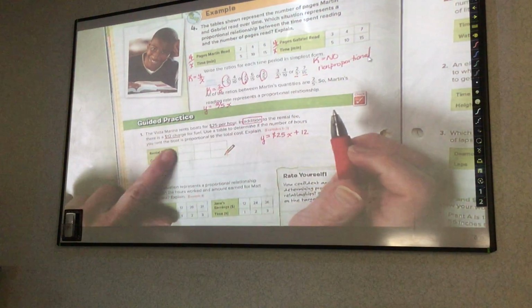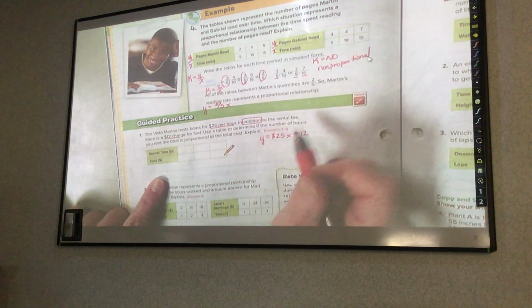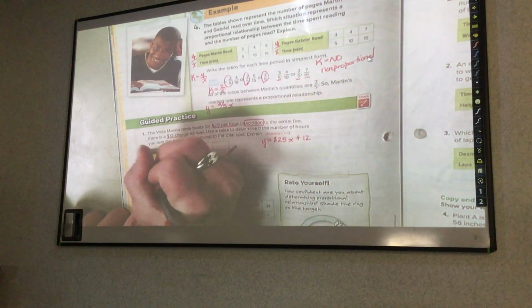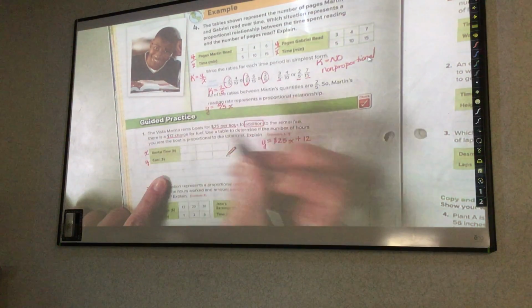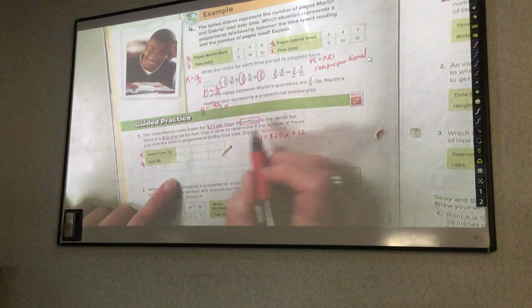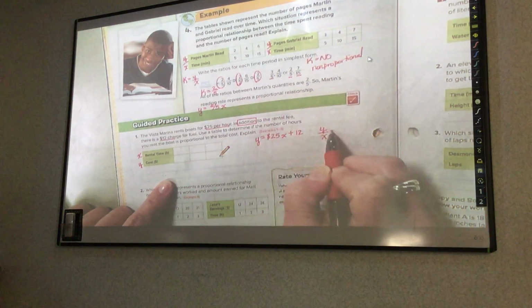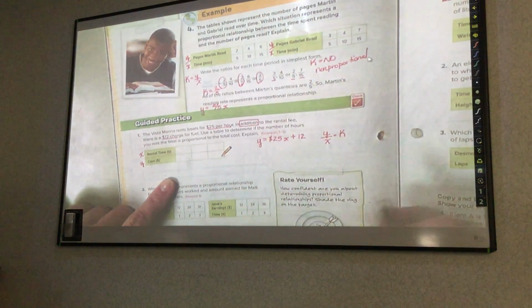But let's figure it out. My cost is always my Y, my rental time is always my X. So it always needs to go Y over X will equal my constant.